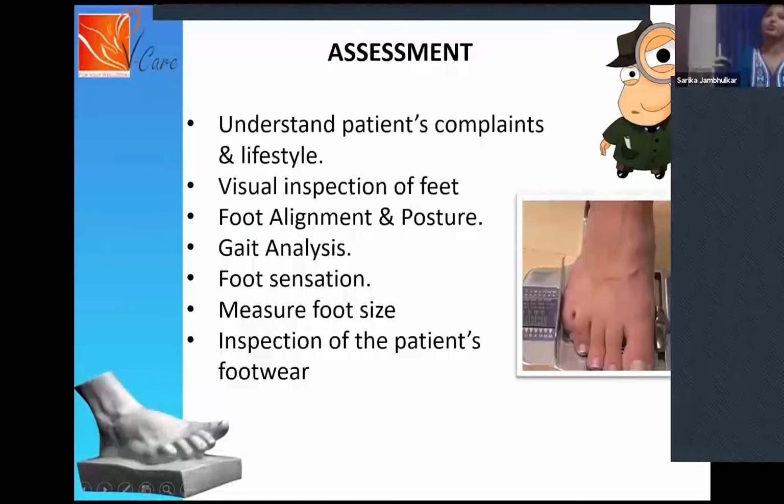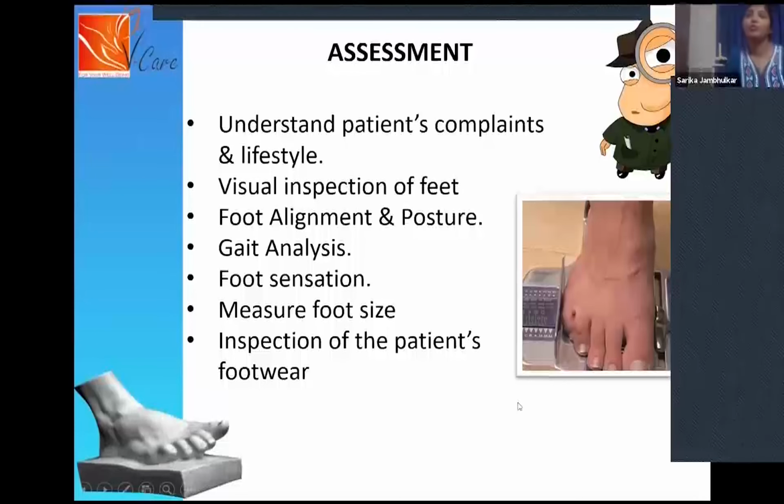This is something most people are unaware of: when you're buying shoes, you have to consider your foot length and width as well, because most shops only have a scale which measures foot length, but someone can have very broad feet or feet with a bunion and all. These deformities make wearing any sort of closed shoes very difficult. That's why measurement of foot size, length as well as width, is important.